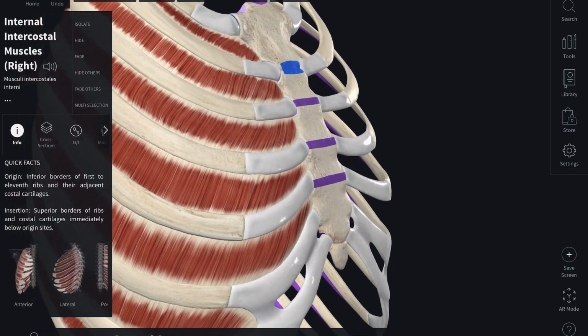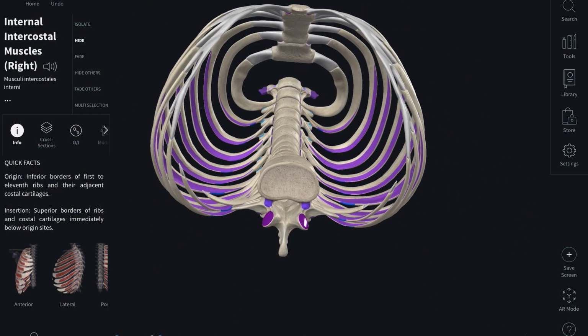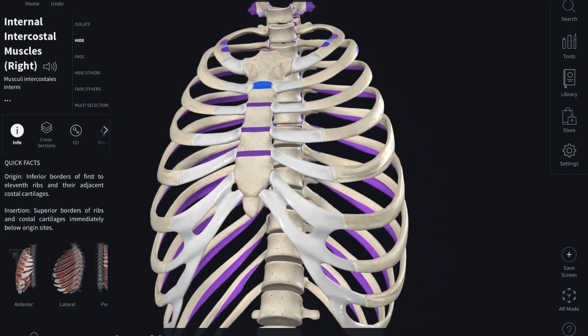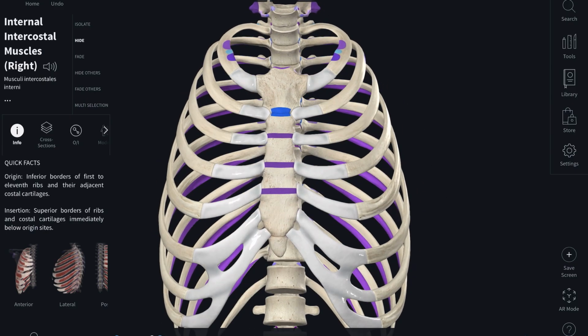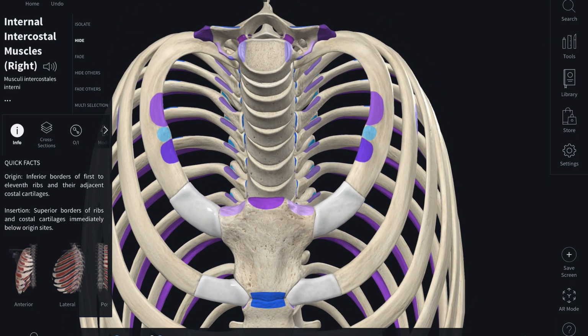Okay, if we get rid of that, now we're left with our ribs and our vertebrae and the sternum. Starting from the top, we have our superior thoracic aperture, if that's what you've heard it as before.